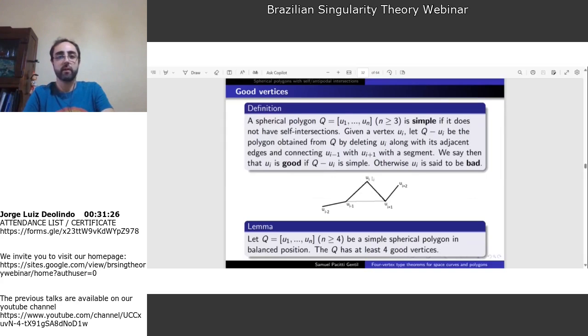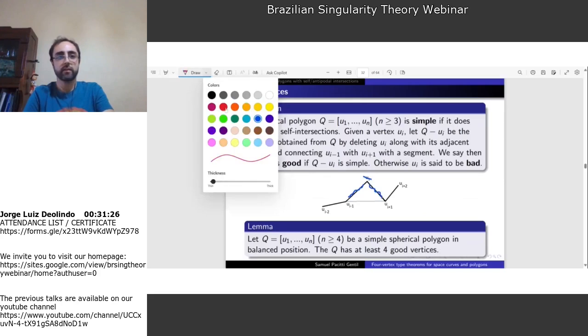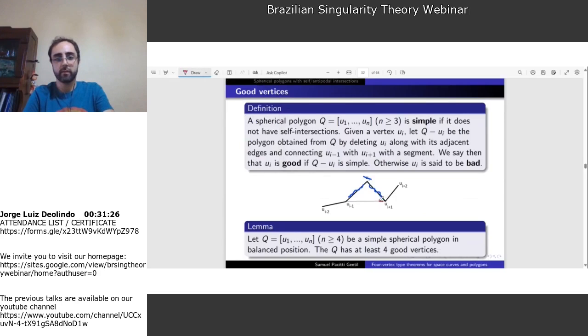So we have a polygon here, we delete this vertex, we also delete these edges, and then we simply reconnect the remaining vertices, forming a new polygon. So this would be our Q minus u_i.